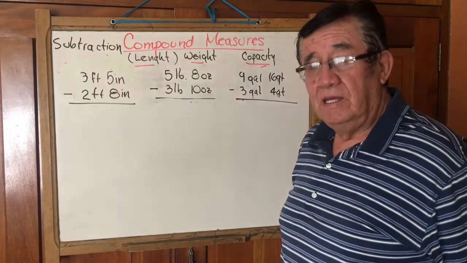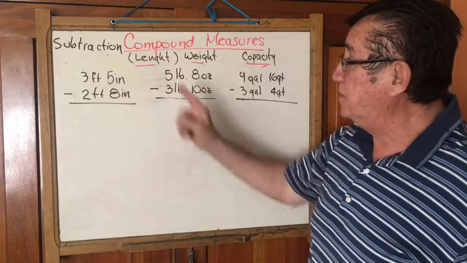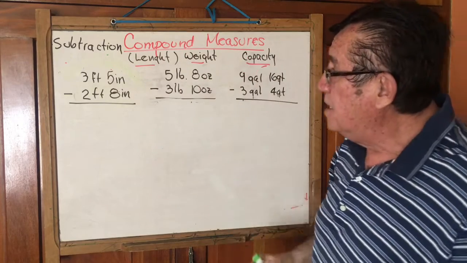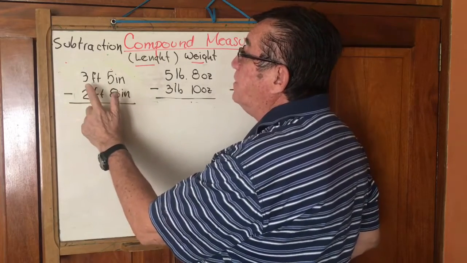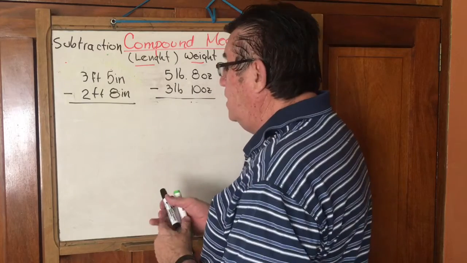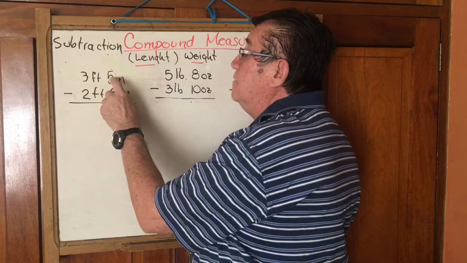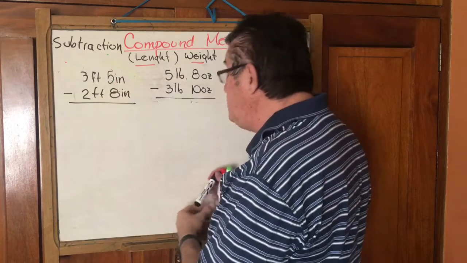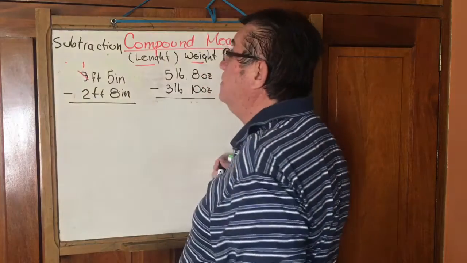Okay. Now we are going to continue with subtraction of compound measurements in length, weight, and capacity. Well, I have to subtract 3 feet from 3 feet to 2 feet, and from 5 inches to 8 inches. You have to see that it's very difficult to subtract here because 5 is smaller than 8, so I need to borrow 1 foot.